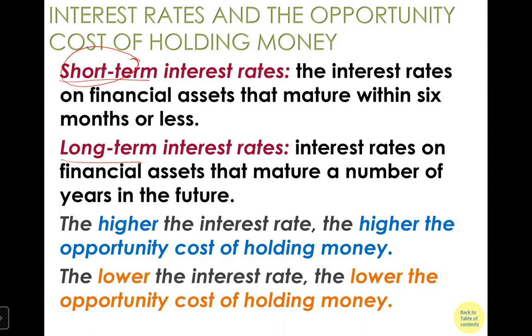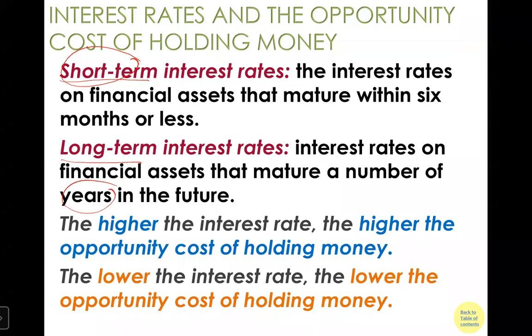Mature means you put the money aside in that particular financial asset and you cannot do anything with it, but in 6 months or less you are free, and the financial asset gives you the principal plus interest. Long-term interest rate is for financial assets that mature a number of years in the future. So this is longer term.